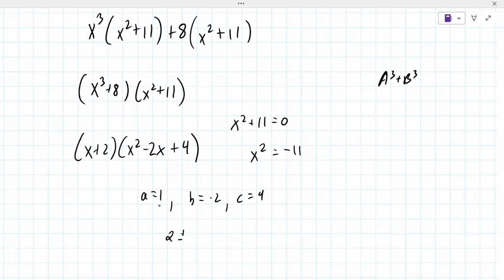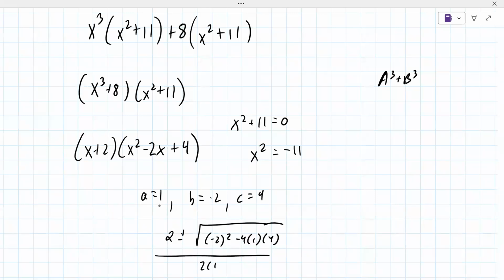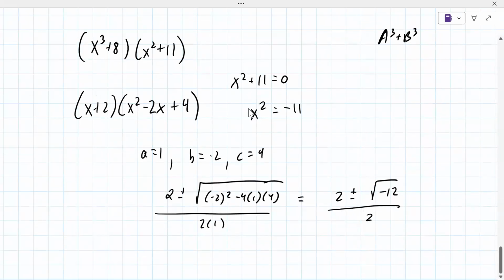So it's 2 plus or minus the square root of b squared minus 4 times a times c, all over 2 times a, which is the square root of negative 12 all over 2. So it's 2 plus or minus 2i square root of 3, both divided by 2.